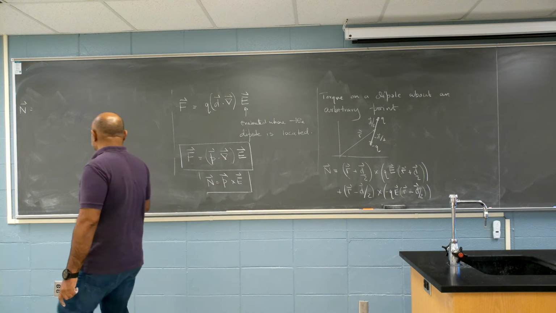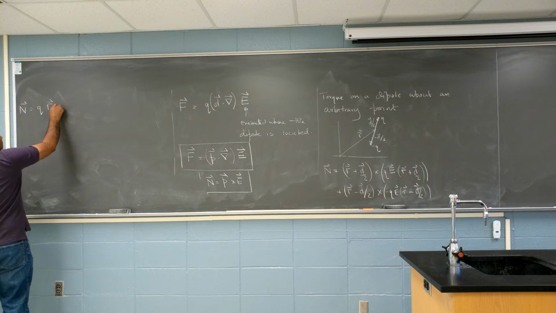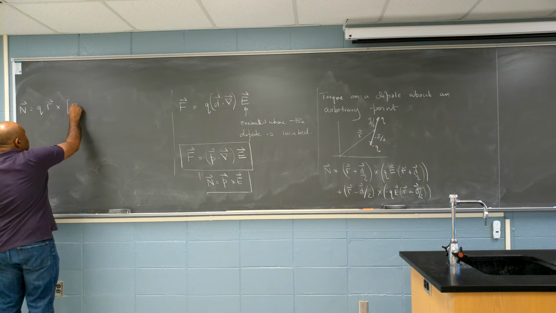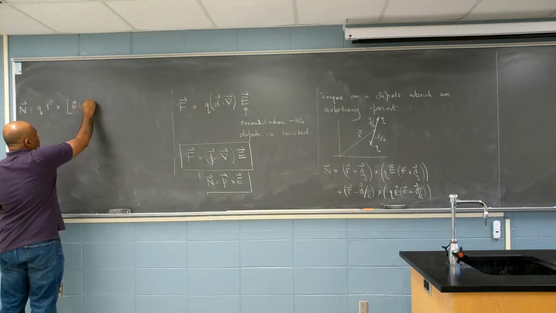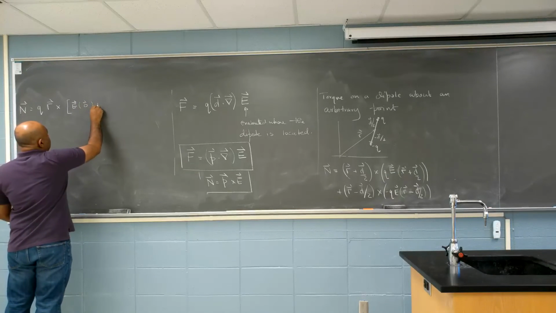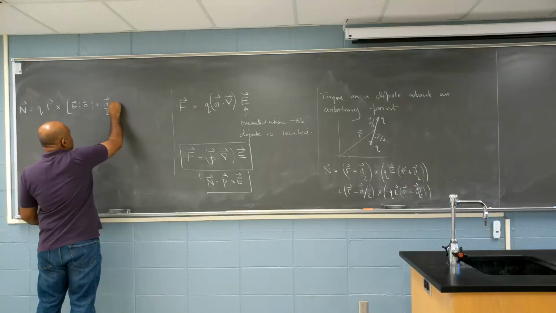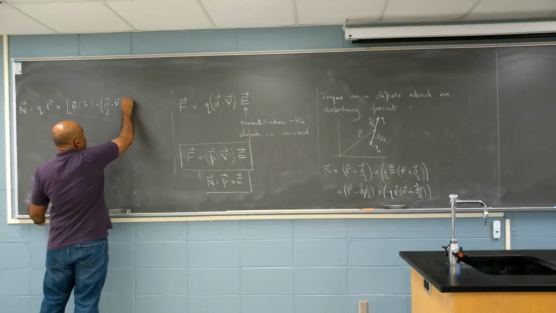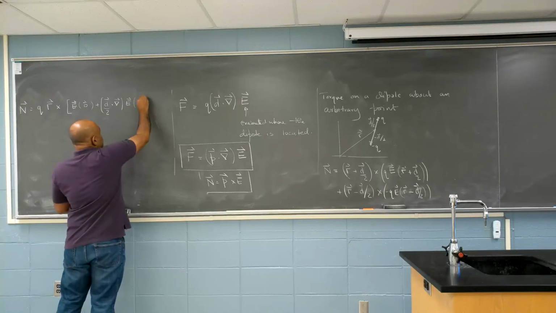So Q times R cross E at R, plus D over 2 dot gradient acting on E, and I'll ask you why.